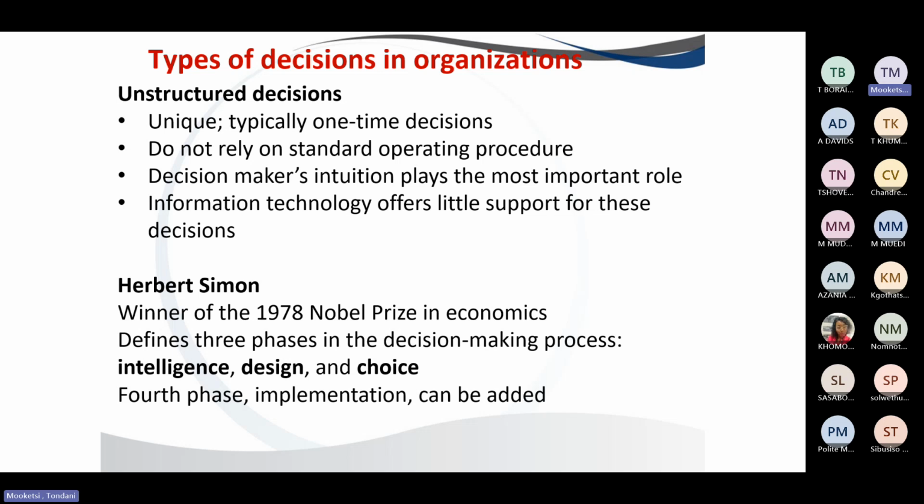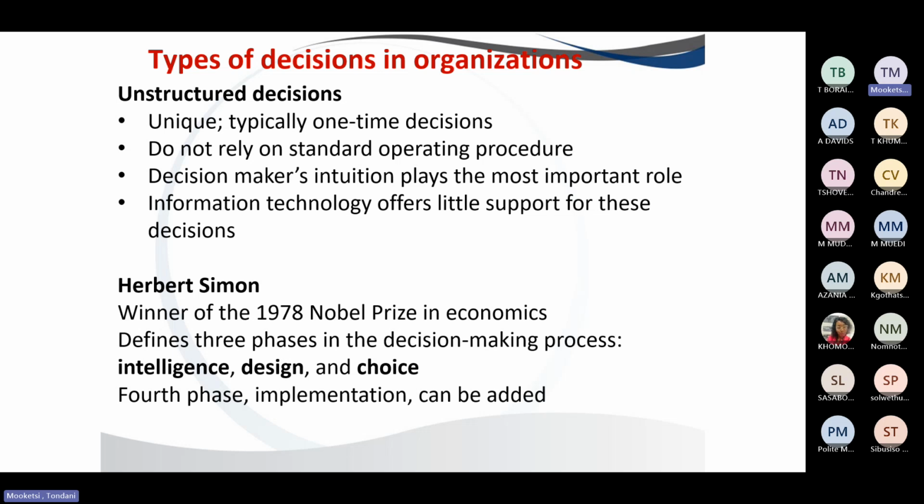And in decision makers, intuition plays an important role. So these types of decisions are mostly made by people who have many years of experience working in that area, so that they can make informed decisions. And IT can only support these types of decisions, but these unstructured decisions cannot be automated.